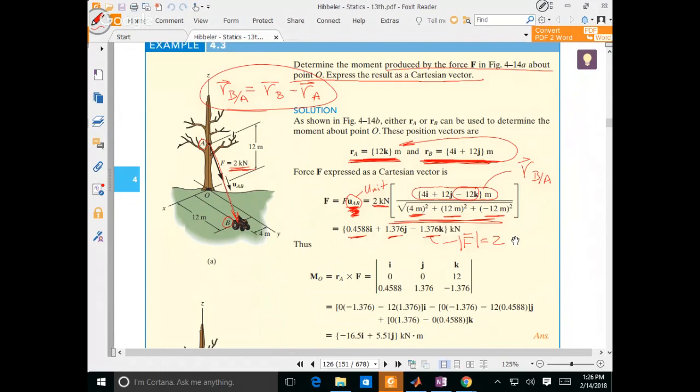So he's wanting you to find, he is actually looking for, well, this problem is not as annoying as some of the others, so I'll find the more annoying ones later. He's going in and finding O. He wants to find the moment about there. He grabs RA, which he's already got. He lists it. Then he goes back to his 3 components here of the force and just lists them.